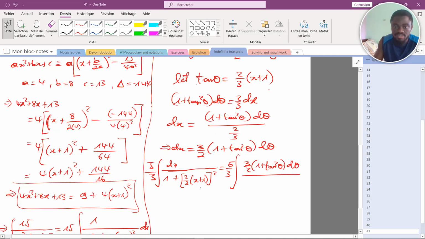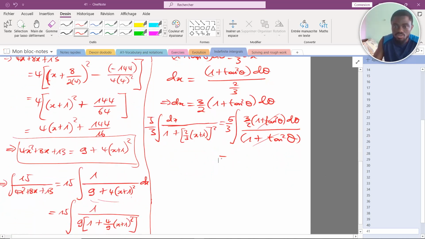We should replace this by tan theta. And I will have 1 plus, since there is a square here, tan squared theta. You notice that this will go with this. Is that okay?